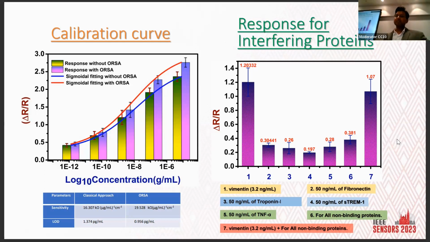We have done the interference studies with different proteins like fibronectin, troponin I, sTREM1, TNF alpha, and we have also made a cocktail of all these proteins and taken the IV responses. And we can see that the response of our biosensor for this protein, Vimentin, is far better than for the other proteins.